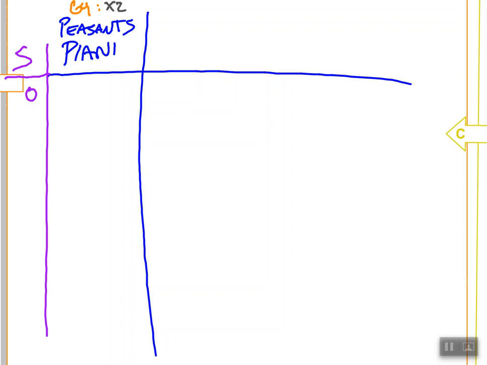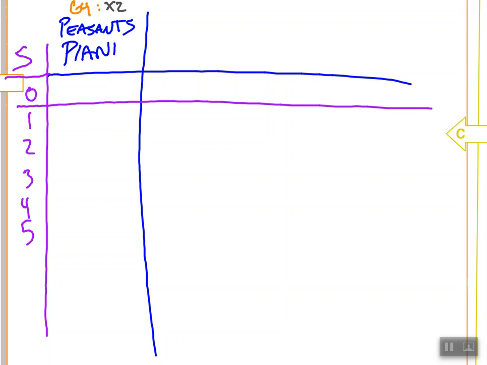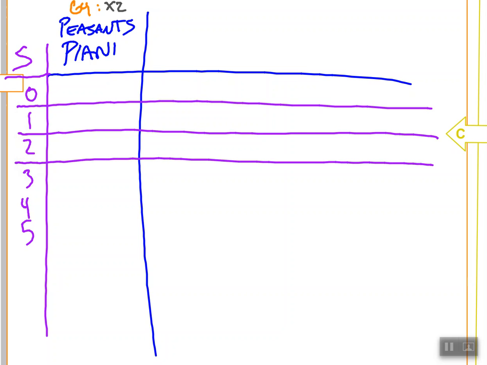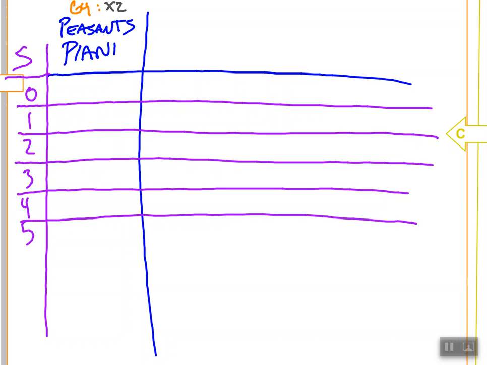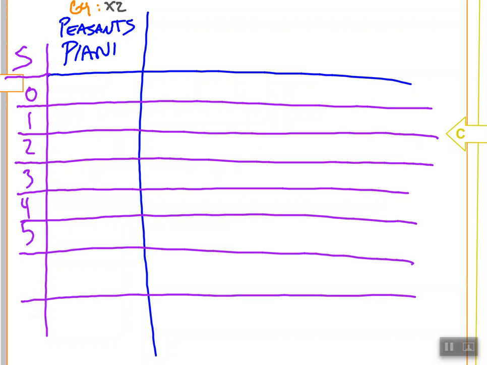We're going to start at 0, 1, 2, 3, 4, 5. And so we're going to make our table. Yes, we need to make it that large. You saw the other class's table, and it's going to be big. All right, and I'm going to include a little bit extra.